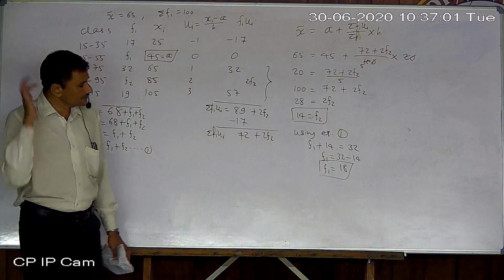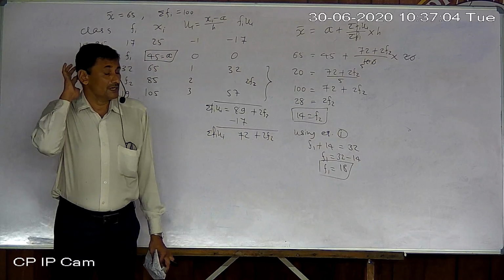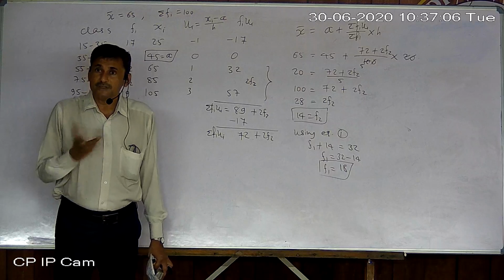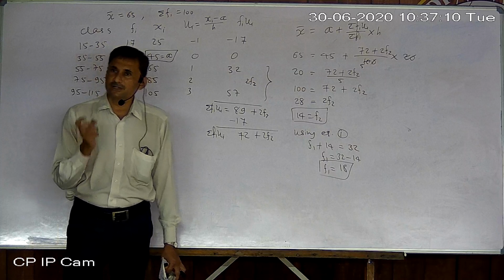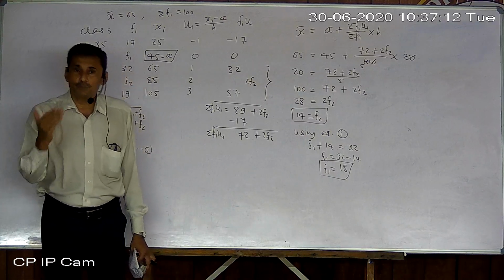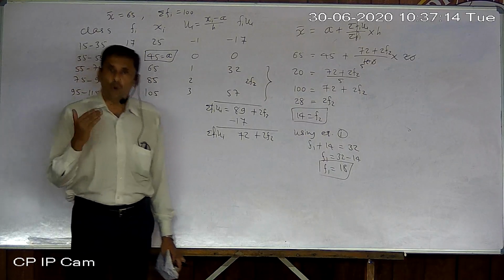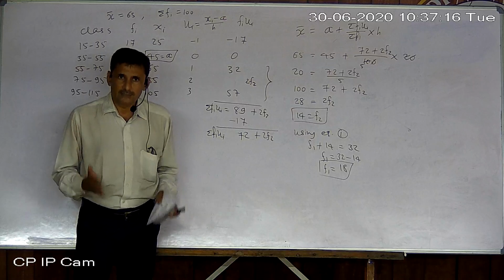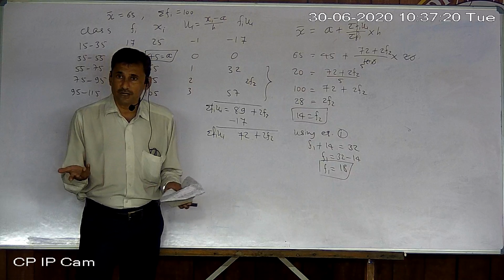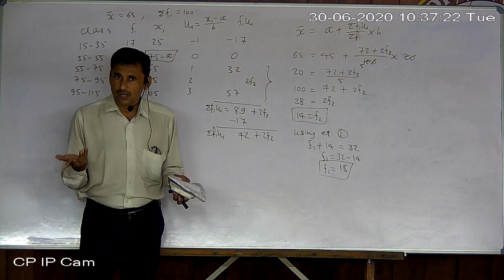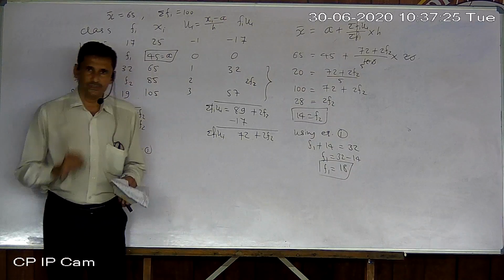Now many times students find the answer in decimal form, or in fraction only. You know what frequency is? Frequency is nothing but a number. Number of persons, number of homes, number of classes, number of students. It cannot be in point, like 1.5, 2.3. Have you ever seen your roll number in point?